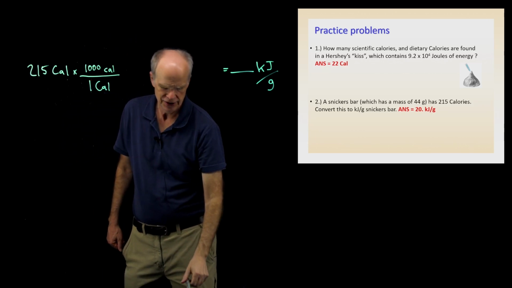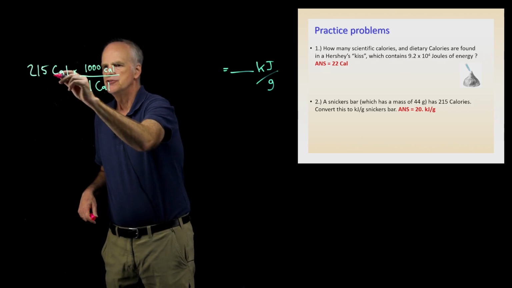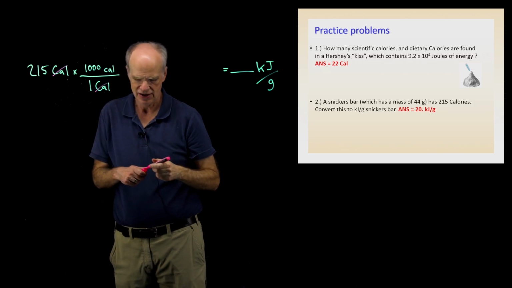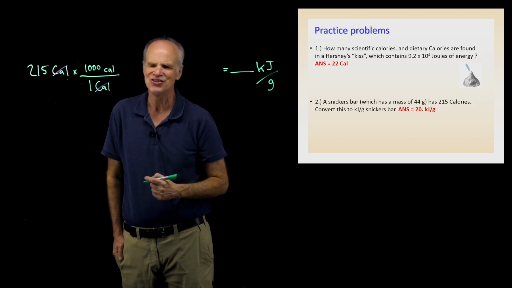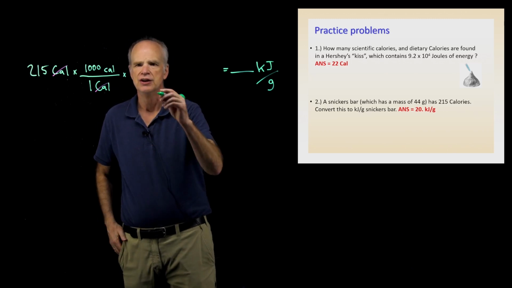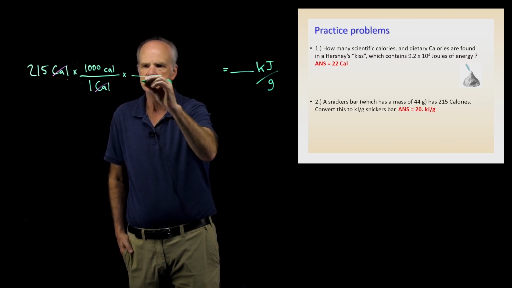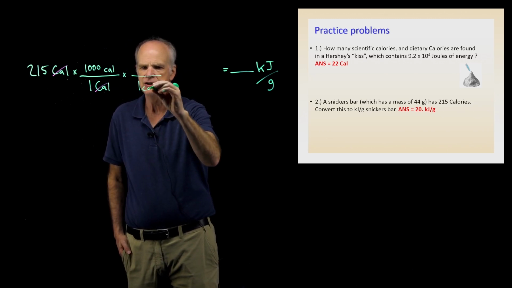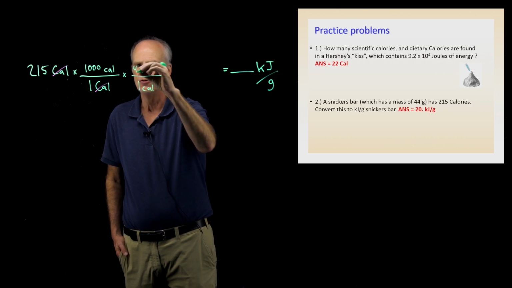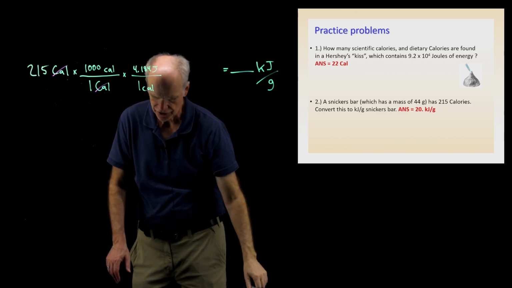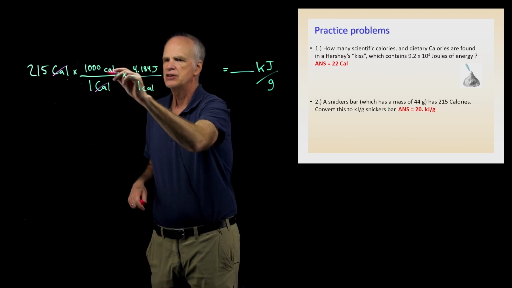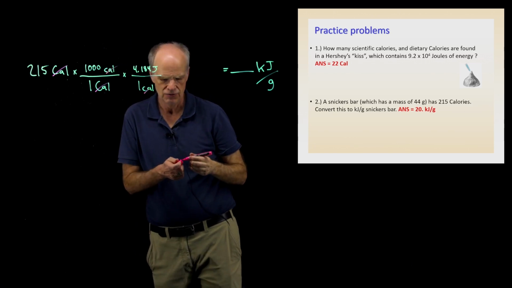So far so good. And so what you can see is that the dietary calories cancel out, and we have scientific calories. Now let's get this into joules. Let me put 1 scientific calorie here in the denominator, 4.184 joules in the numerator. You can see at this point that the scientific calories cancel out, and now we're in joules.